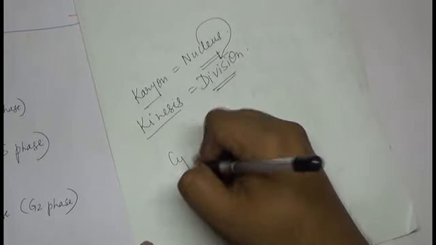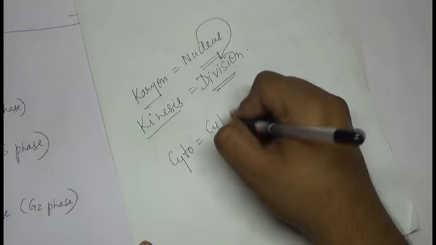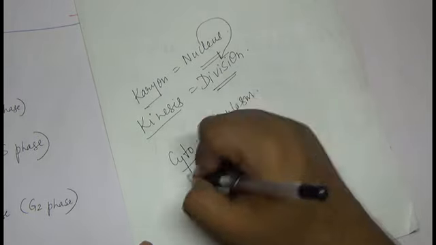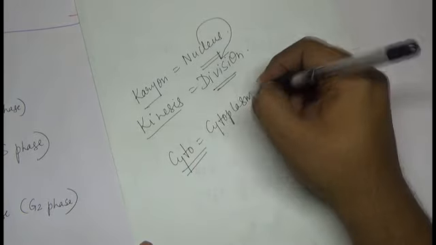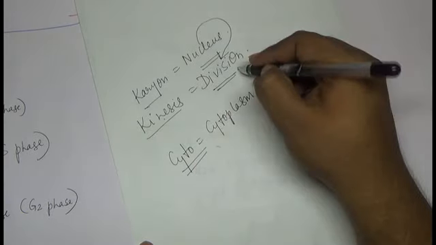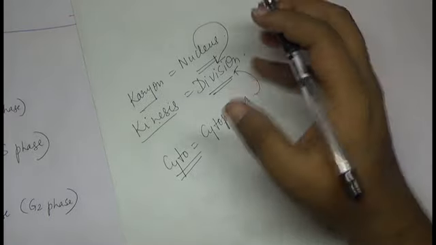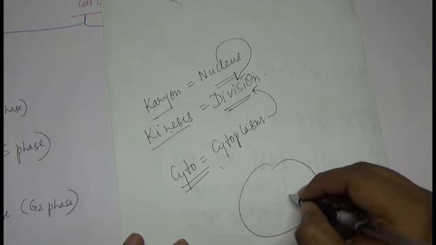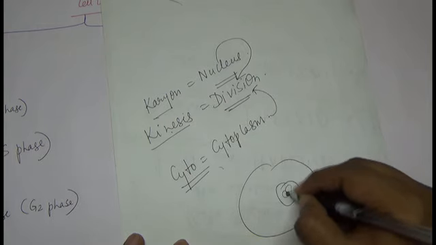Similarly, cyto means cytoplasm, and kinesis means division. So cytokinesis means cytoplasm division, right? So division of a cell, basically if this is a cell, it has the cytoplasm and it has the nucleus.